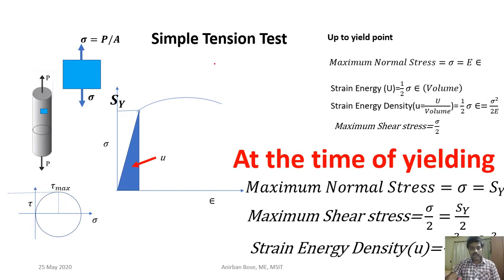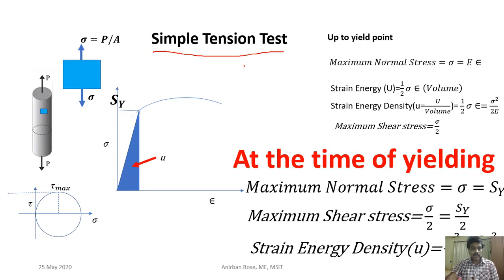So again, we have already understood that failure theories compare a certain aspect of the stress acting on a particular machine component with the strength values of the simple tension test. The aspect can be a stress aspect, a strain aspect, or a certain energy.